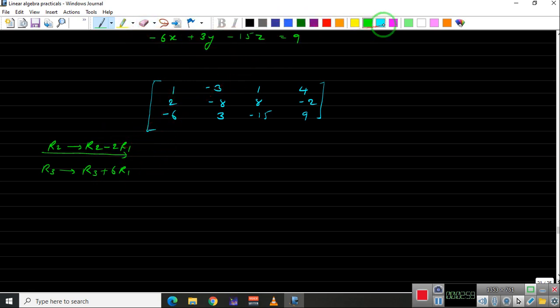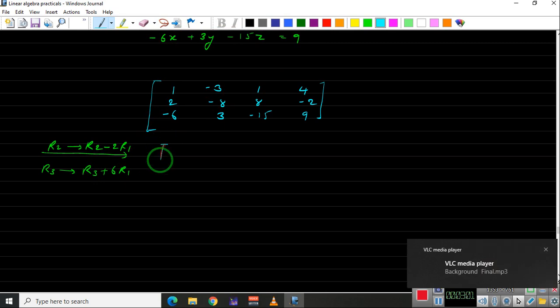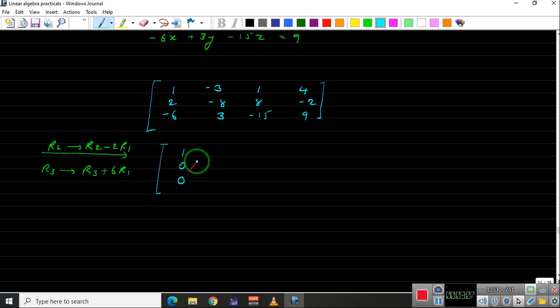With these operations our matrix becomes 1, minus 3, 1, 4; 0, minus 2, 6, minus 10; 0, minus 15, minus 9, 33.